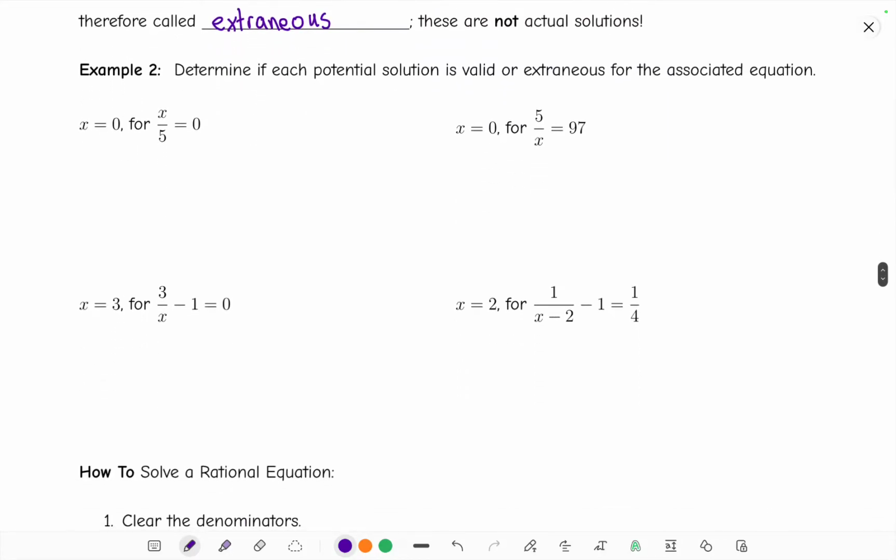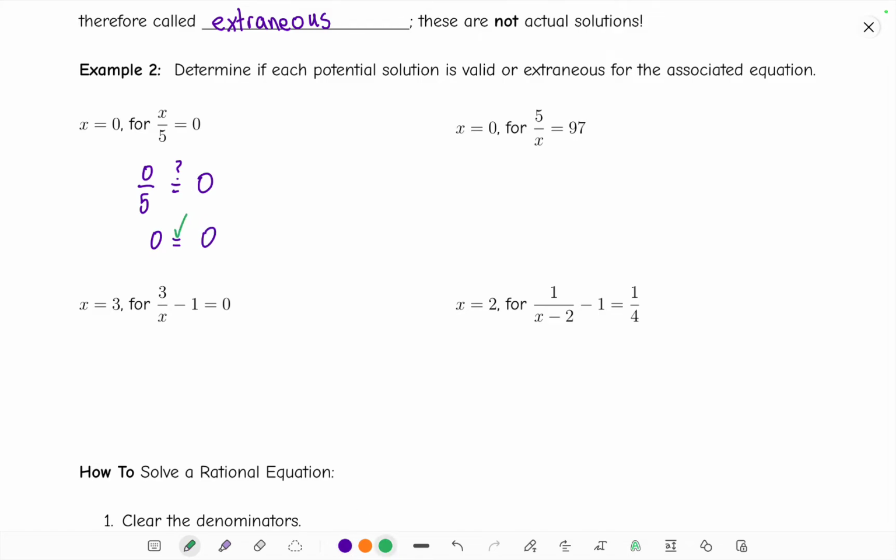Example 2. Determine if each potential solution is valid or extraneous for the associated equations. x equals 0 for x over 5 equals 0. Well, 0 over 5, does that equal 0? Well, 0 divided by 5 is 0.